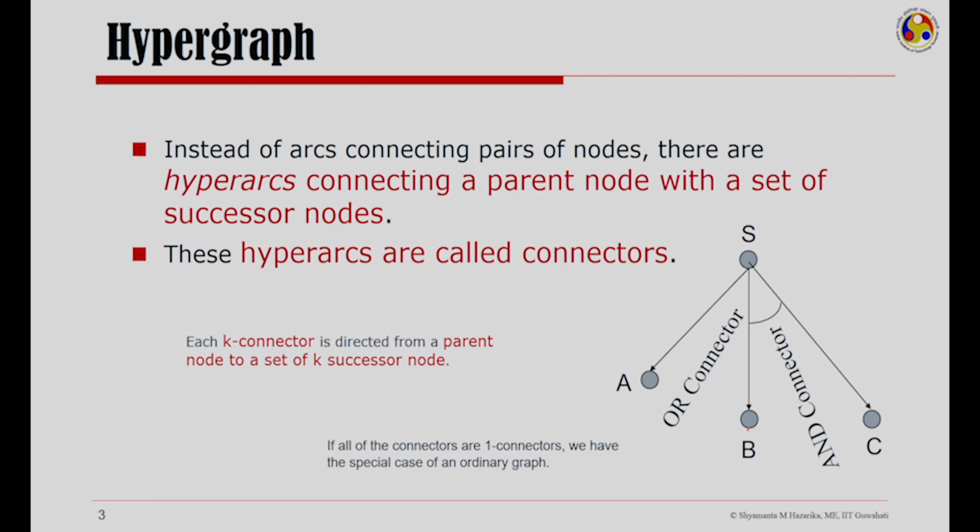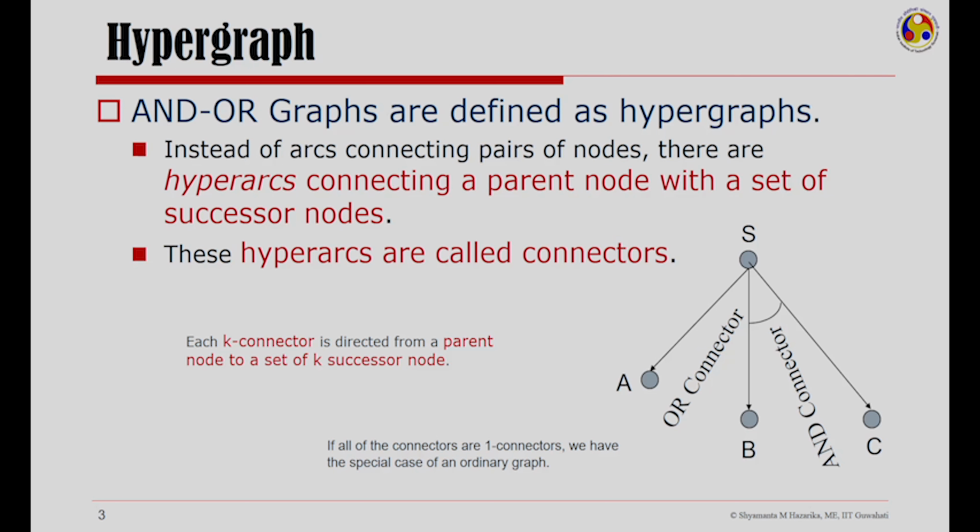Here between B and C, which are to be both solved for S to be solved, we have an AND connector. If all of the connectors are 1 connectors, then we have the special case of an ordinary graph. So, hypergraphs are used to define AND/OR graphs.